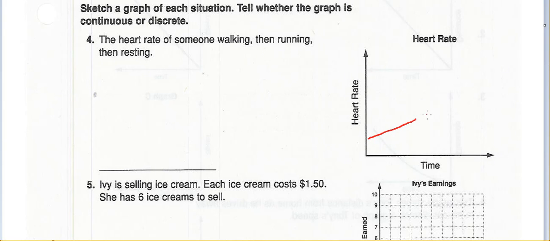It was at some sort of heart rate to begin with, so we're just showing a slight increase. Then, as we start running, it's going to increase quicker. And then as we start to rest, it would start to come down. So again, this is just a sketch. It doesn't have to be exact. But this is definitely a continuous graph. And you can see that with the line.